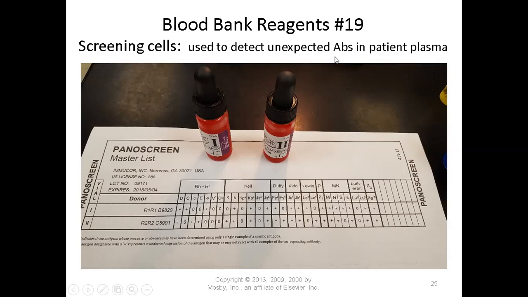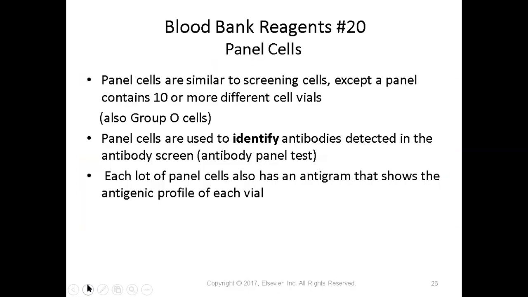The screening cell is just going to tell us yes or no. Does our patient have an unexpected antibody? If we get negative reactions with each screening cell, then no, they don't. If they react with even one of them, then yes, they do, and we need to do more work to find out what antibody or antibodies they may have.